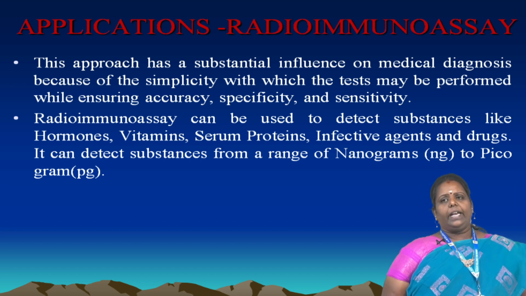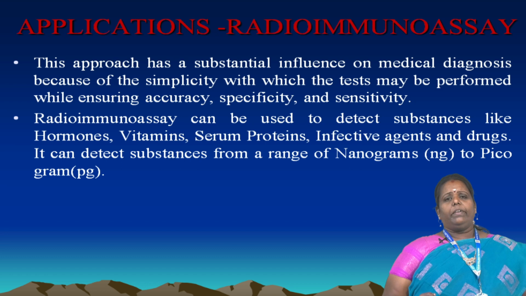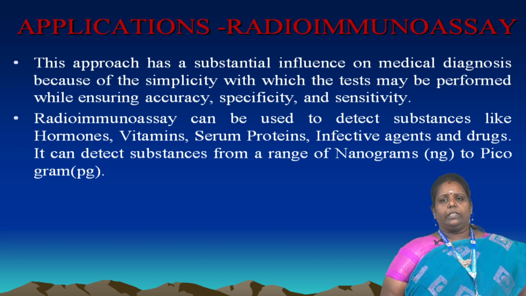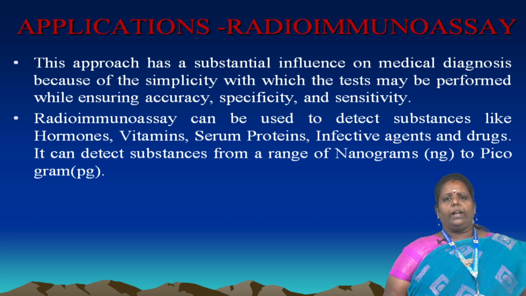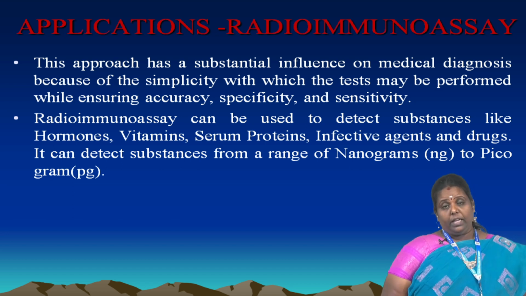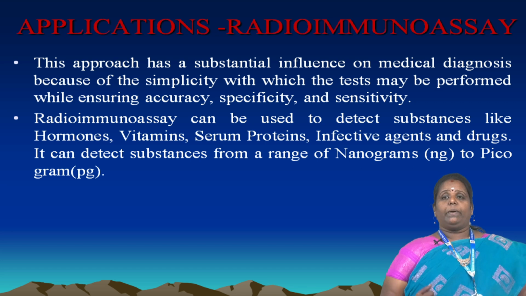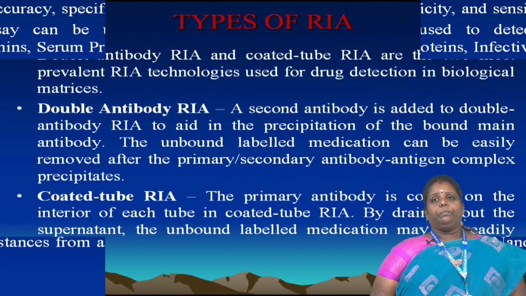It can detect substances in the range of very small particles, that is nanograms and picograms. These small amounts of particles we can identify by using radioimmunoassay. Any person affected in the preliminary stage, we can identify with this particular RIA test.